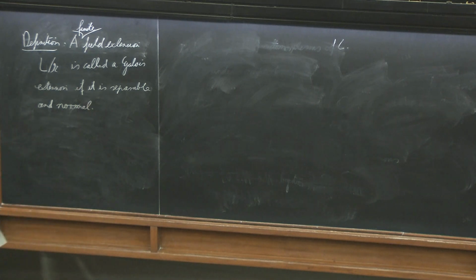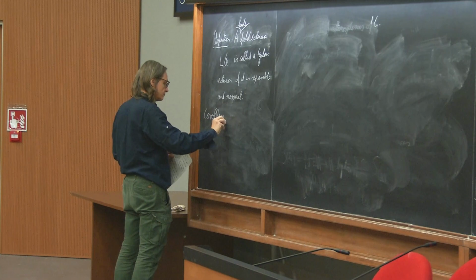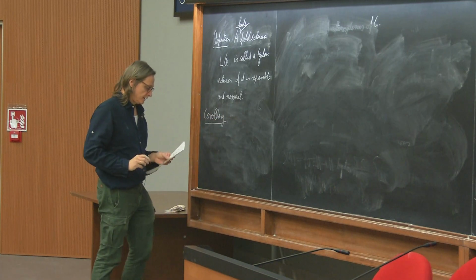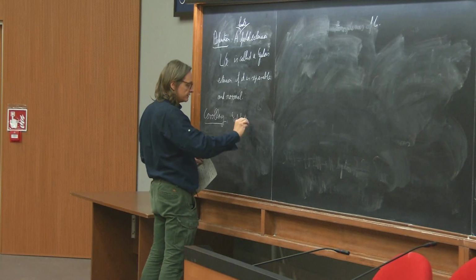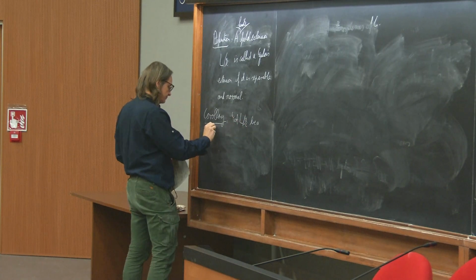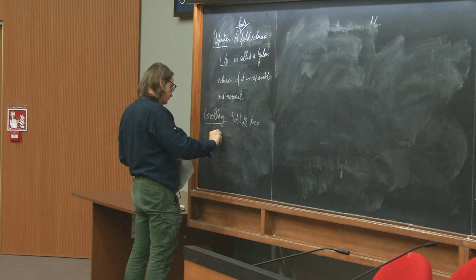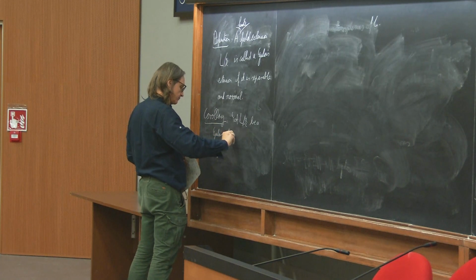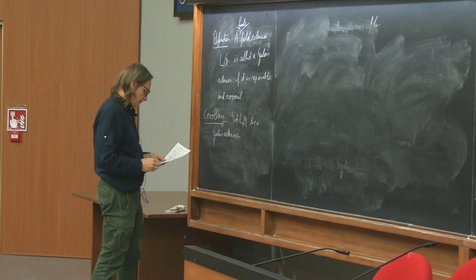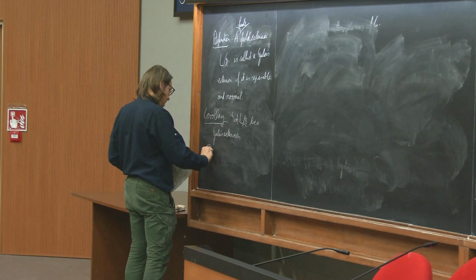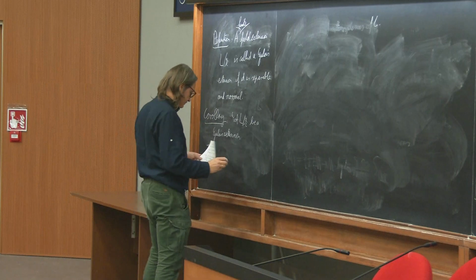So now let's translate what we have here to that case. We have the following corollary. Suppose that L over K is a Galois extension of degree n.